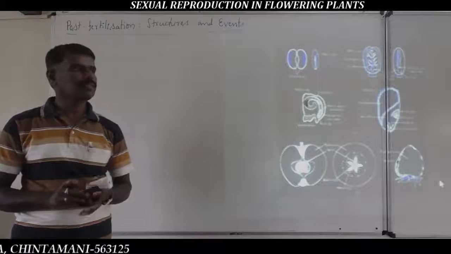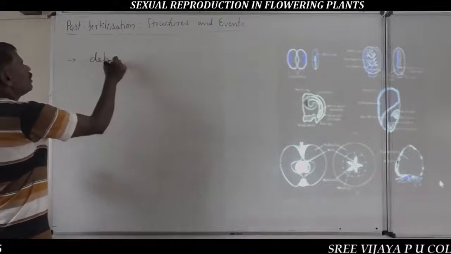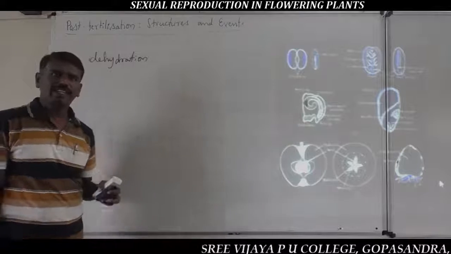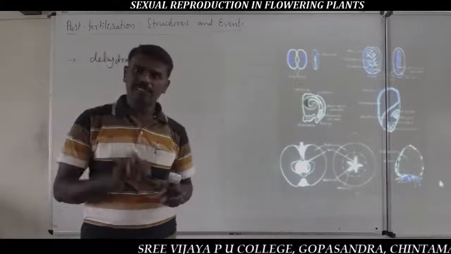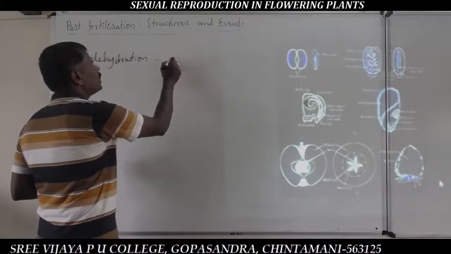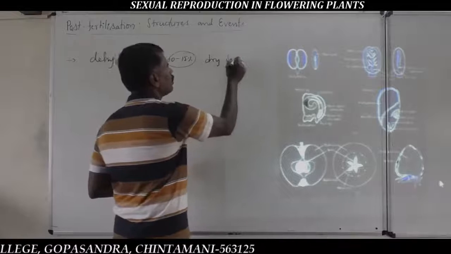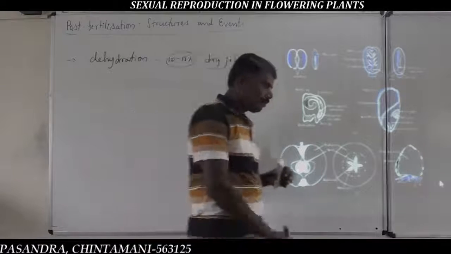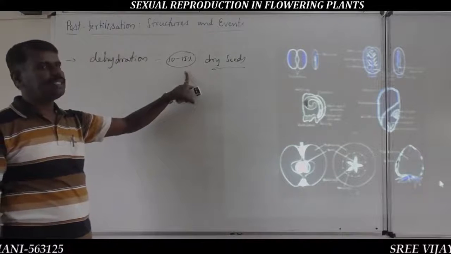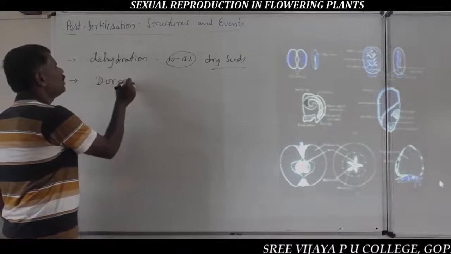We know that in these seeds dehydration occurs, which is the dried nature of the seed. Only 10 to 15% of moisture is present in the dry seeds, and it helps the seed stay in a dormancy condition.